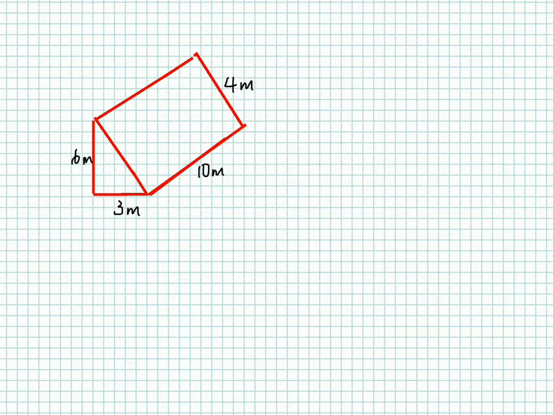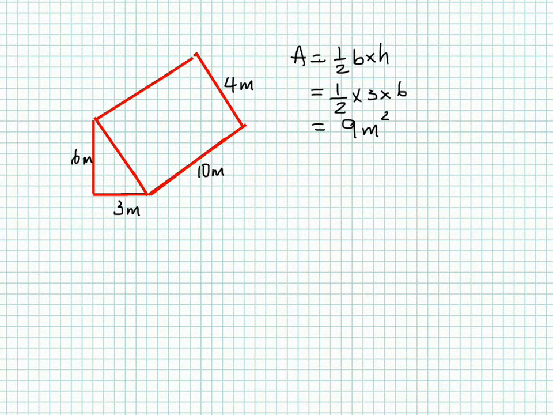Straight away we know that the area of the triangle is a half base times height. Just pointing out, the base will be 3, and we're talking about the perpendicular height of 6 there. So that's a half times 3 times 6, which is going to give us 9 square meters.